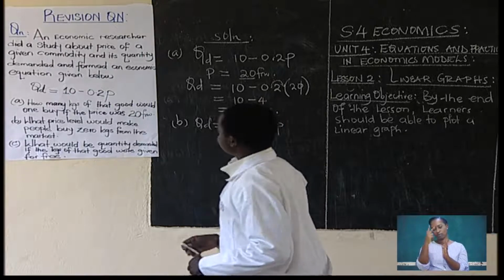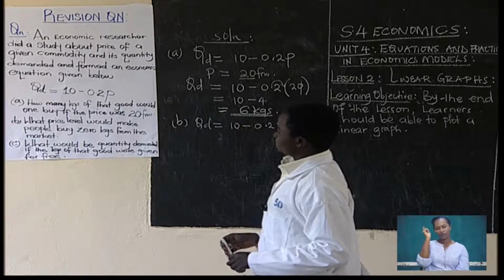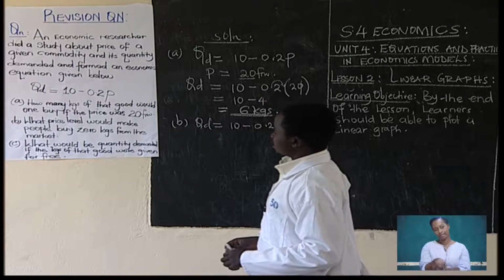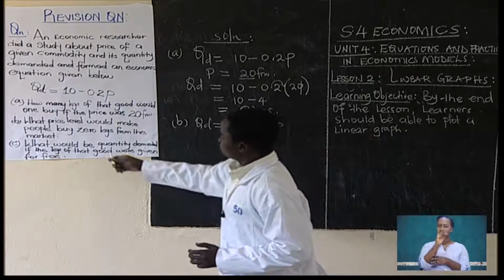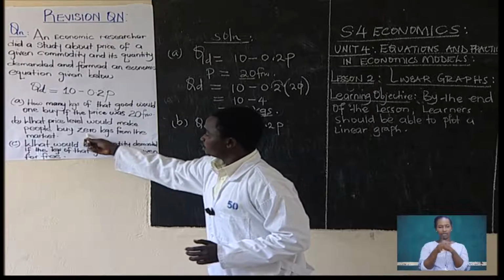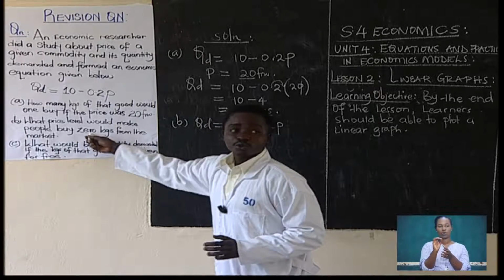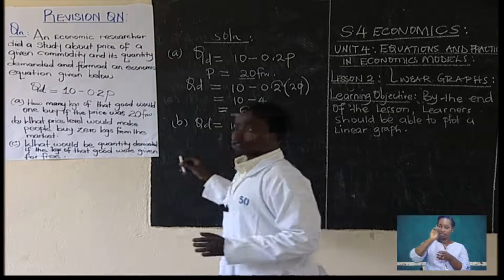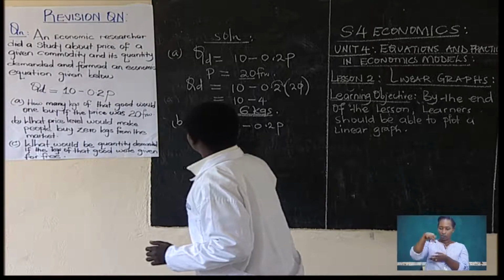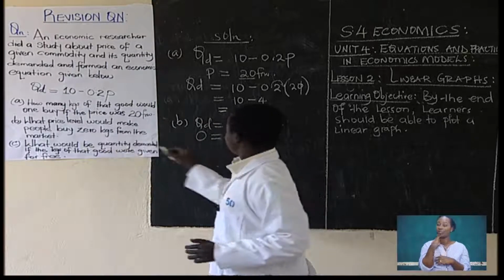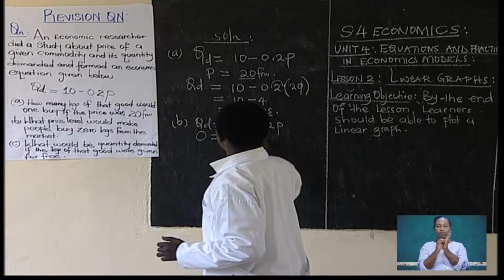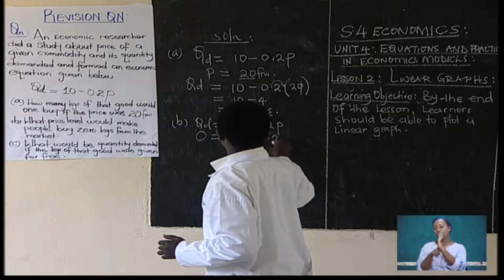But they are asking what price level, so they want P. They are saying the price level that would make people buy 0 kilograms, meaning that here quantity demanded is 0. So if you put 0 here, because they are indicating it, 0 will be equal to 10 minus 0.2P.